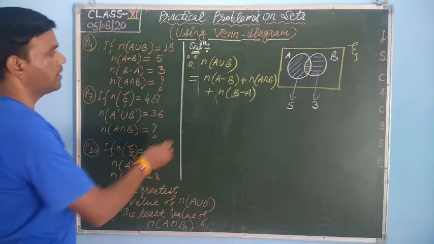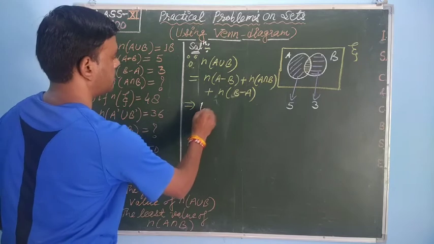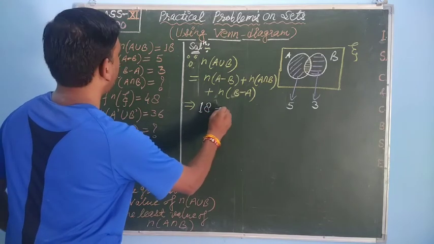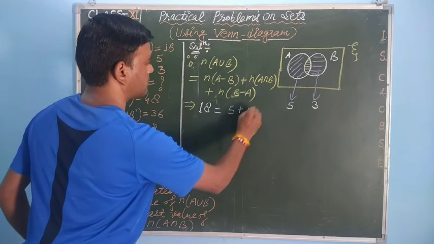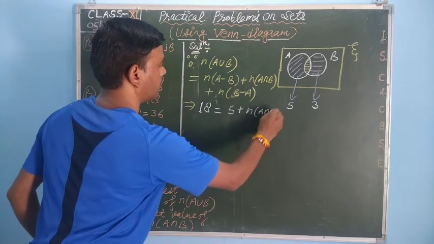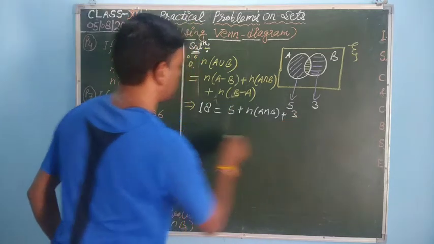So put the values here. You will get, see here, 18 is n(A union B), then n(A minus B) is given as 5, then plus n(A intersection B), then plus n(B minus A), which is given as 3.